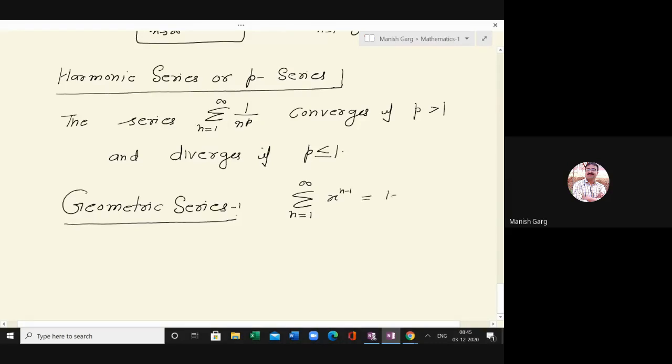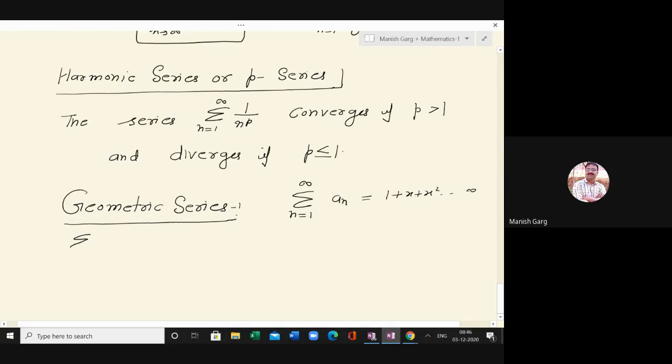Don't get confused, I am discussing this 1 plus x plus x square and so on, this is an infinite GP, all terms are positive. Now you can write it in this way.